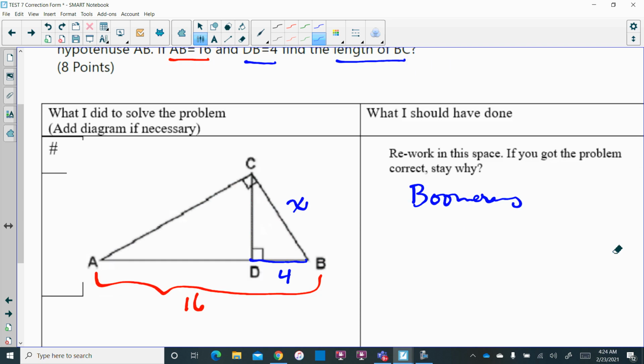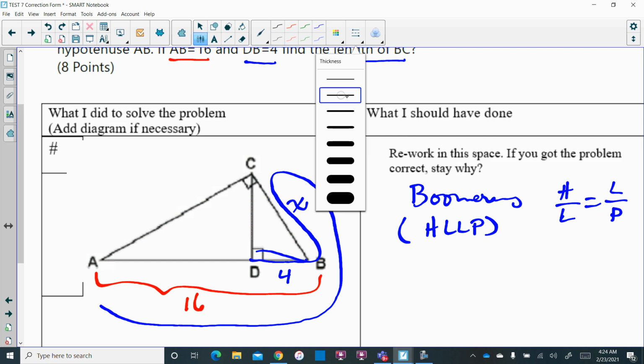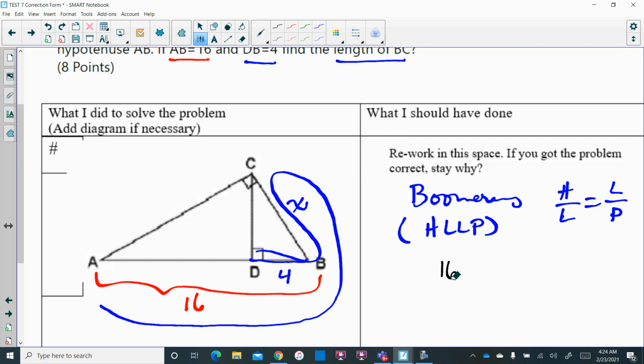So, boomerang says we're doing hypotenuse, leg, part, like that. Or if you want to set up as H over L equals L over P. Because this is the hypotenuse to the leg to the part. All right, so go to our setup. 16 over x equals x over 4.